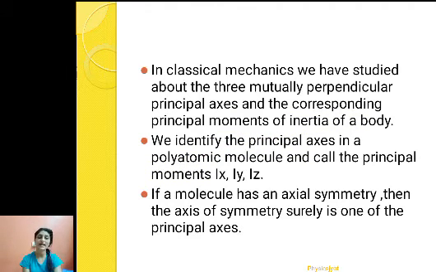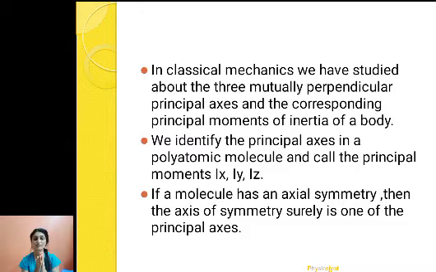In classical mechanics, we have studied the three mutually perpendicular principal axes and the corresponding principal moments of inertia of a body. So we have three principal axes, x, y, and z, which are mutually perpendicular to each other, and along these we consider three principal moments of inertia, Ix, Iy, and Iz.